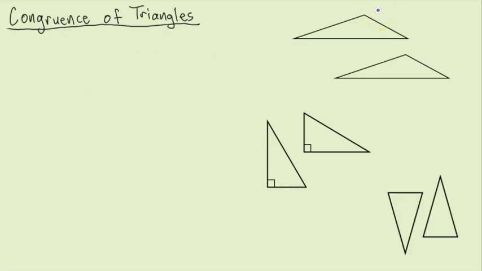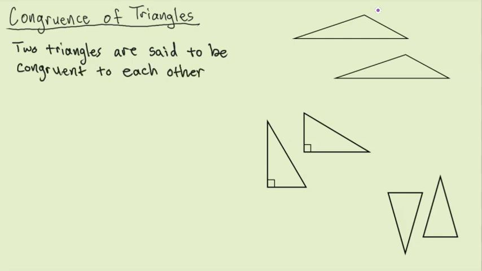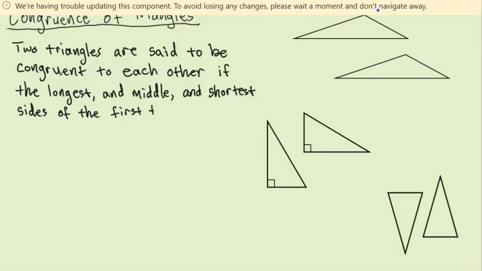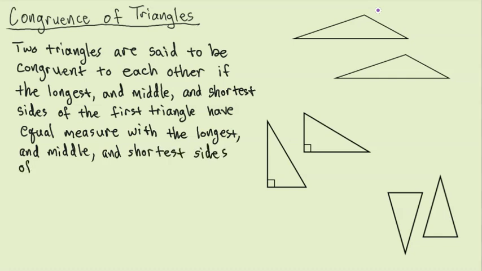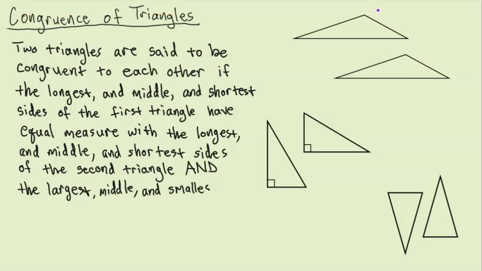So two triangles are said to be congruent to each other if the longest and middle and shortest sides of the first triangle have equal measures with the longest and middle and shortest sides of the second triangle, and the largest, middle, and smallest angles of the first triangle have equal measures with the largest, middle, and smallest angles of the second triangle.